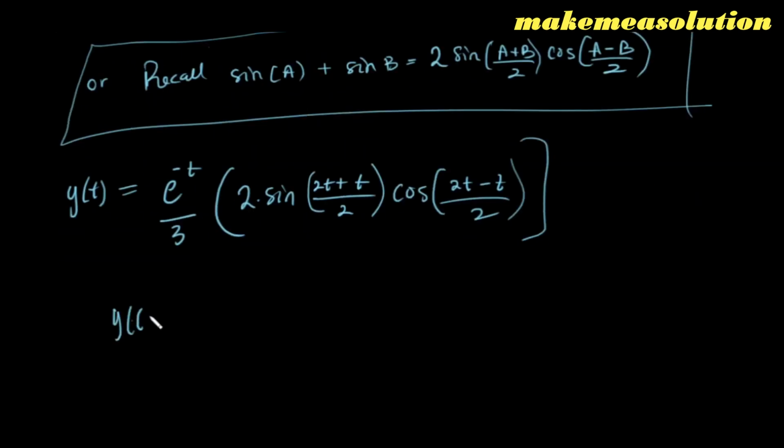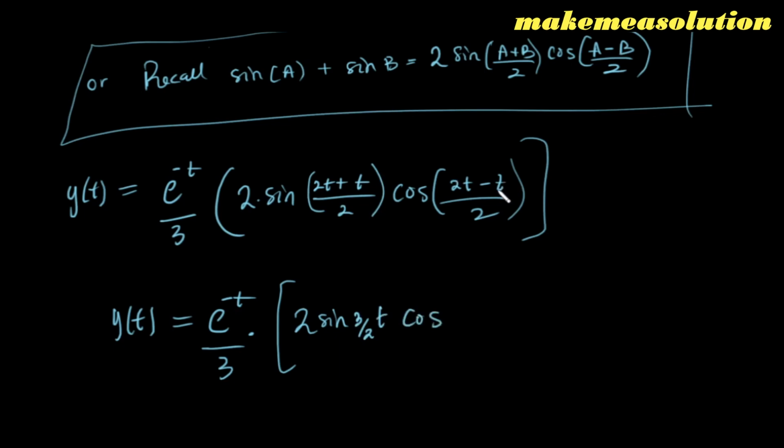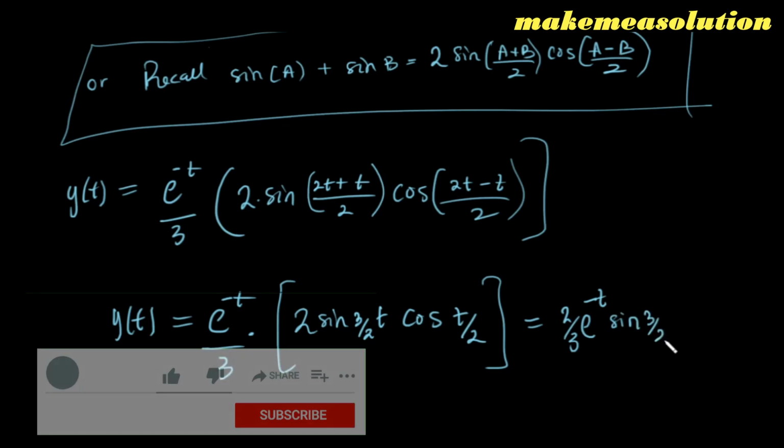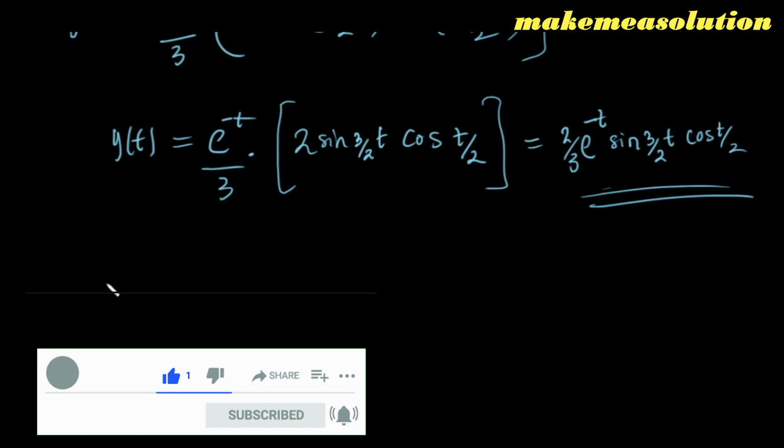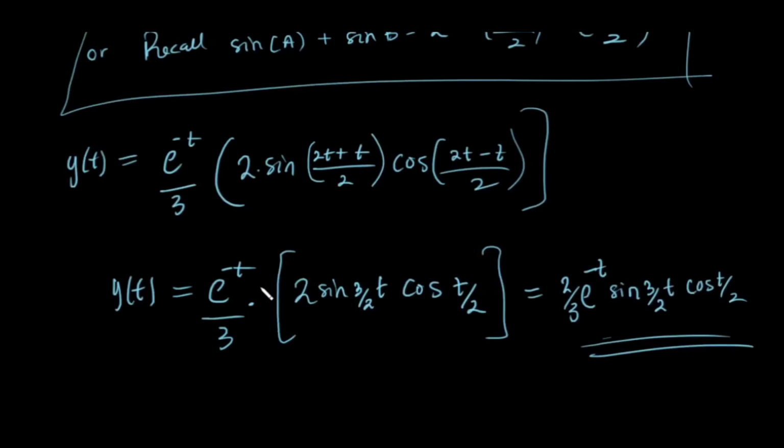So your y of t is exponential minus t over 3, then you now have 2 sine, 2t plus t is 3t, so 3t over 2, then cos, 2t minus t is t, so t over 2. So that is 2/3 exponential minus t, sine 3t over 2 cos t over 2. So that's it. This is the answer to our question.